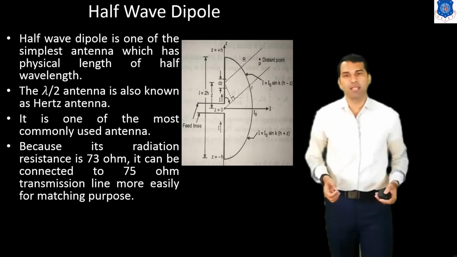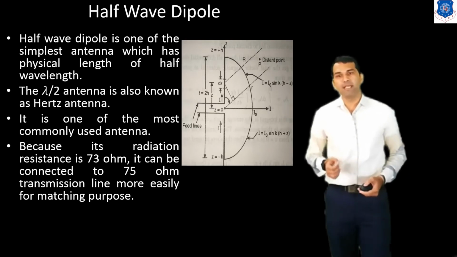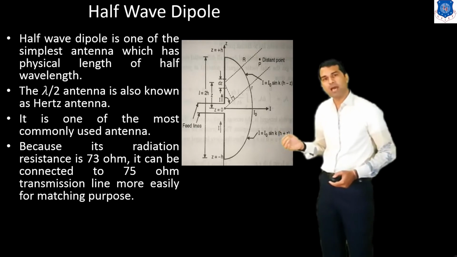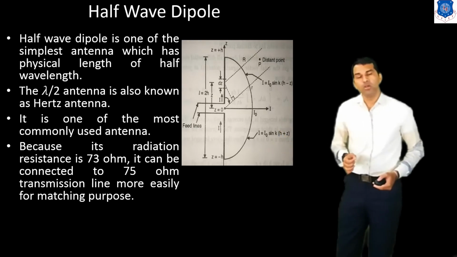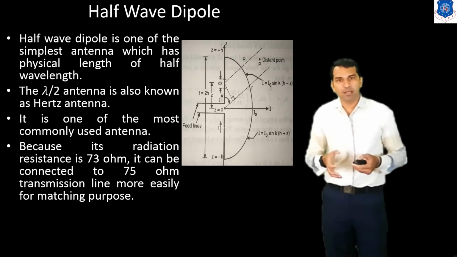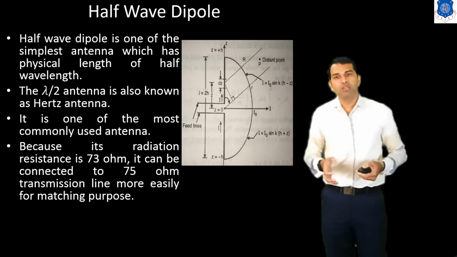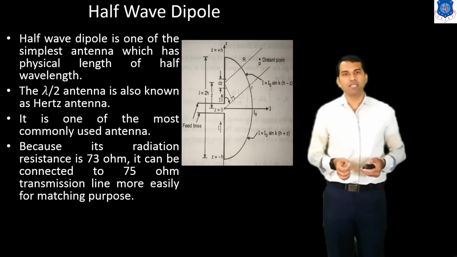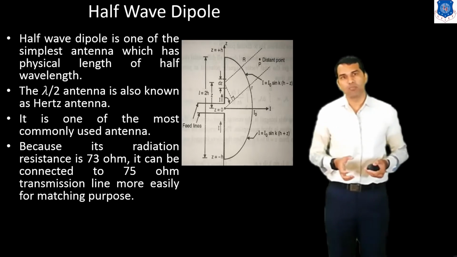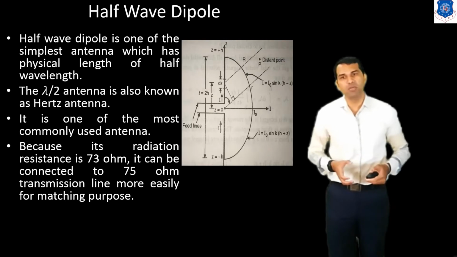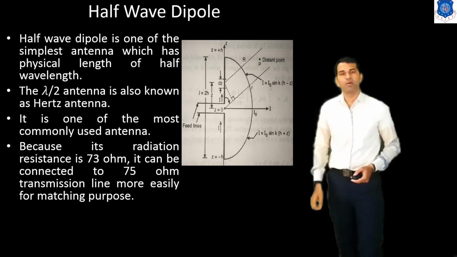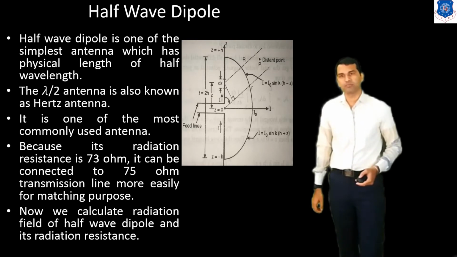Since the radiation resistance of the half wave dipole antenna is 73 ohm, we can easily connect it with the 75 ohm transmission line. So the impedance mismatch is very low. That's why we use this half wave dipole antenna more in applications.